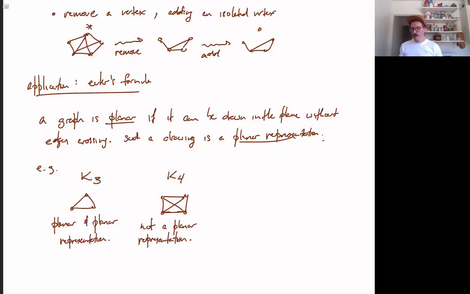A planar representation is a drawing where no edges cross, but a graph is planar if there exists a planar representation. And in this case, there does, because we can take this edge and bring it outside to keep it from crossing.